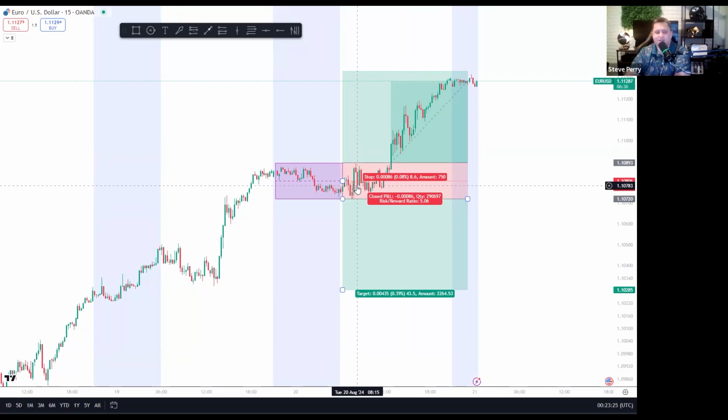Because if you move your stop loss further out, then you're going to need a bigger target, and you're not always going to get that every day. Then you're going to need a smaller contract size because you can't afford the risk, right? There's so many things that get messed up if you start messing around with the strategy.